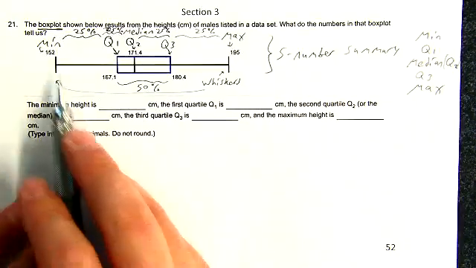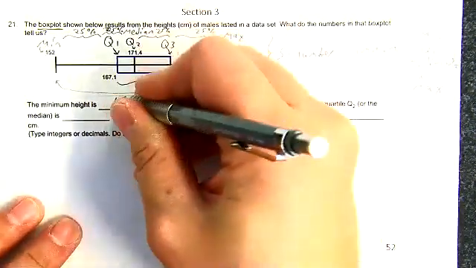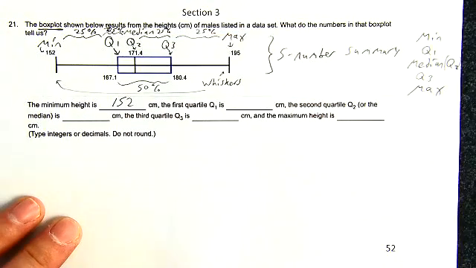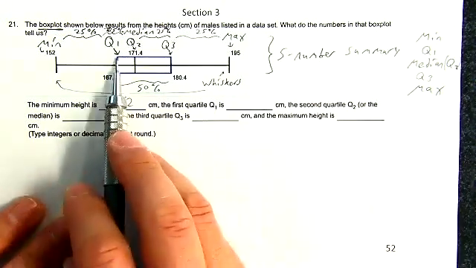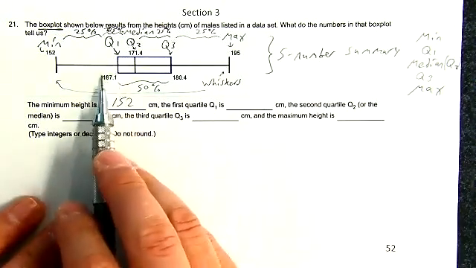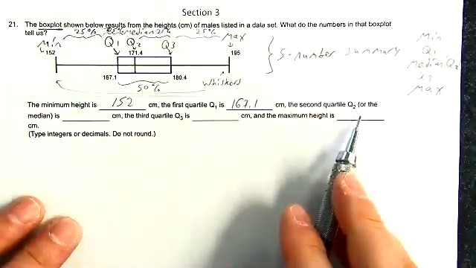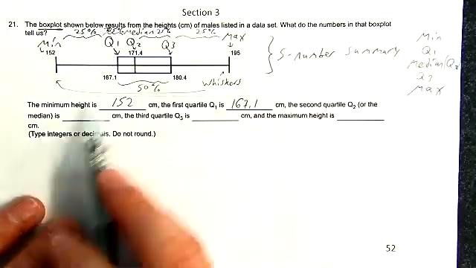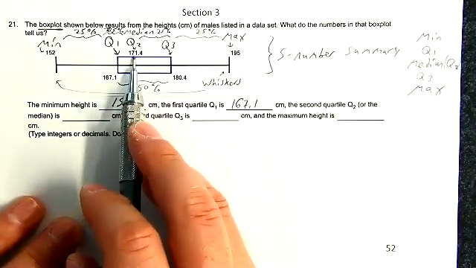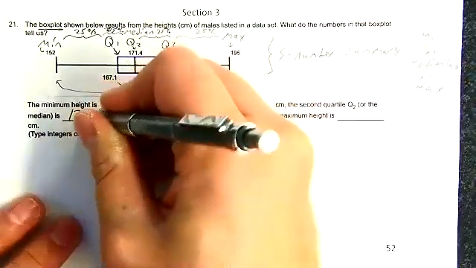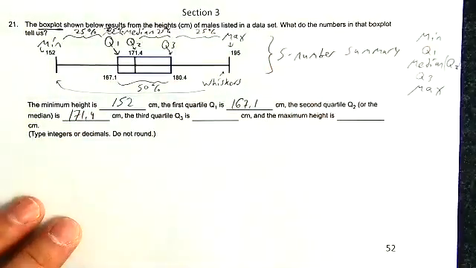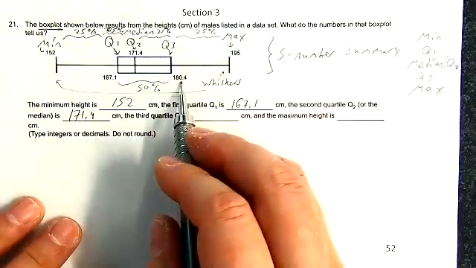The minimum height is 152. Oh, these are heights of males in centimeters. That's what this data represents. The first quartile, Q1, that's the first bar, 167.1. The second quartile, Q2, or the median, is this middle bar, 171.4. Q3, 180.4.